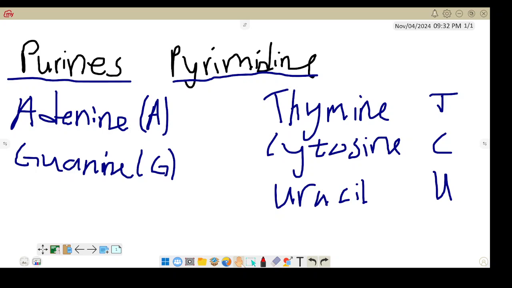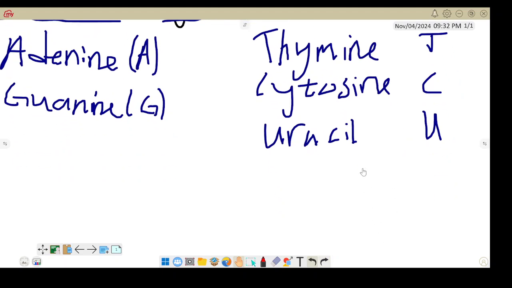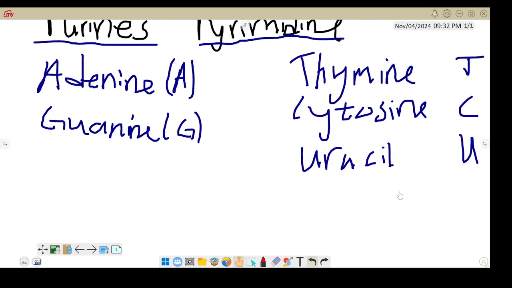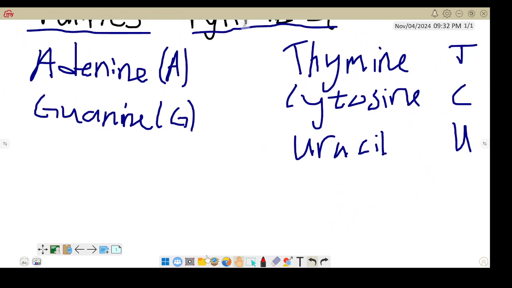And then there is also what we call base pairing. Base pairing is where we have to know that DNA is a double helix. So there is pairing. If we have another DNA strand on this side, if this is adenine, it will be paired to thymine.